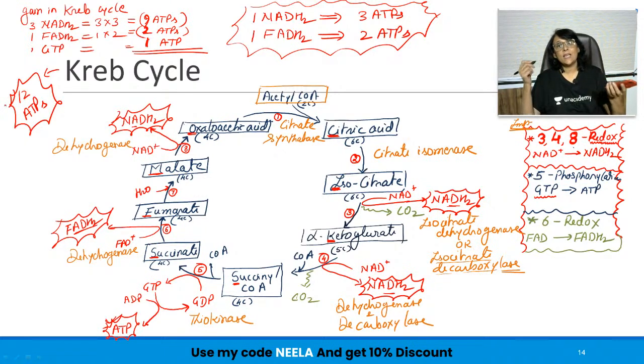But if somebody says, what is your net gain in Krebs cycle? What is going to be your answer? What is our net gain of ATP in one Krebs cycle?